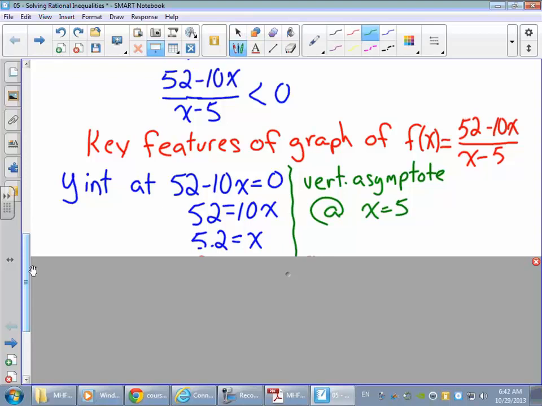The keys are, of course, when the top is 0 and when the bottom is 0. Once we have this in a factored form, although it's a pretty simple factored form obviously, we can find those key features.